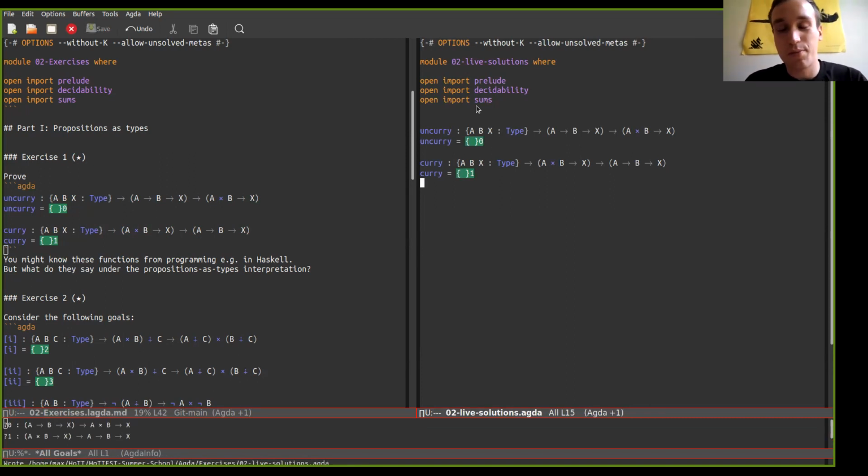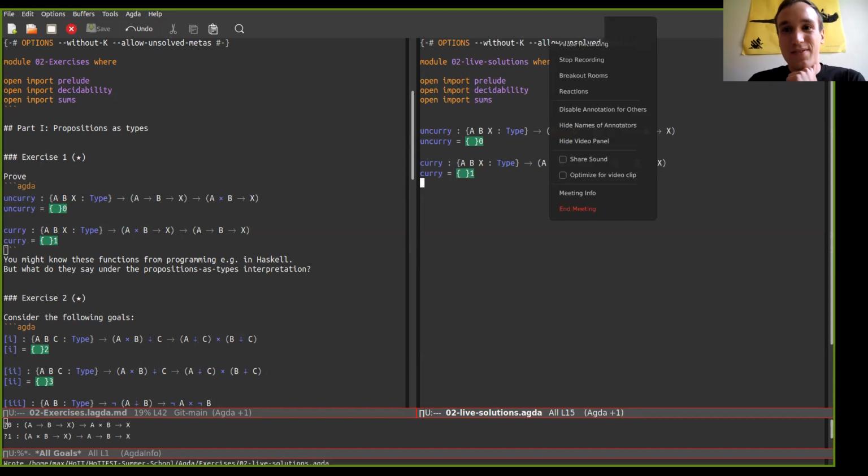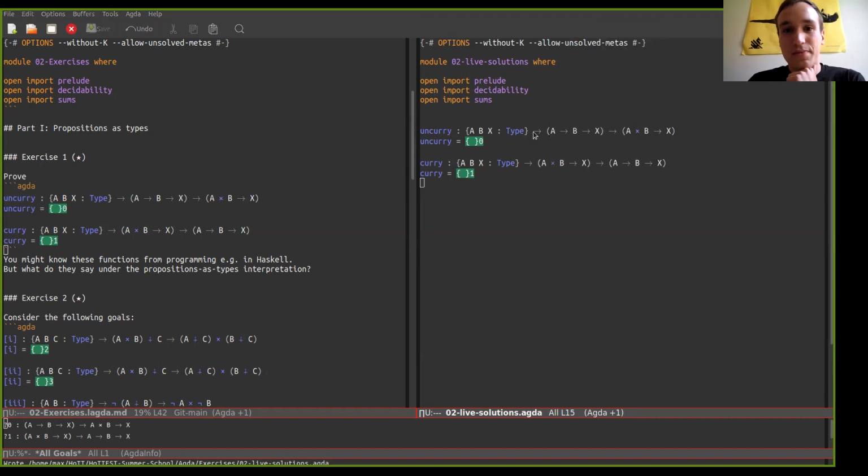I don't know if maybe we can get a quick show of hands in the chat. How many of you have seen something like this in functional programming, for example, in Haskell? Okay, so we have some people that are familiar with these concepts. Oh, that's very good.